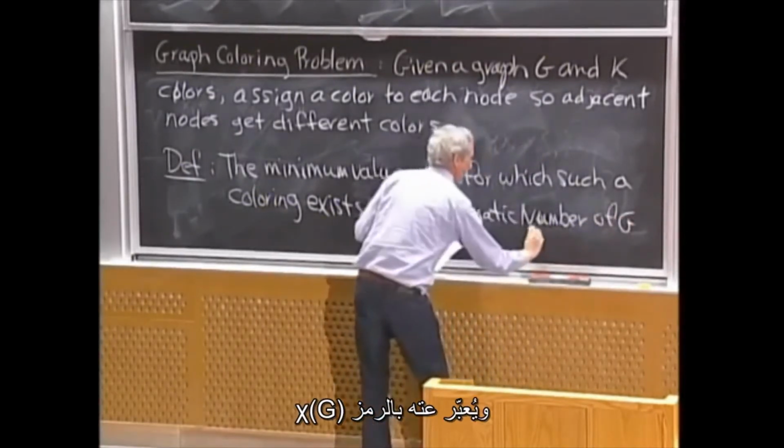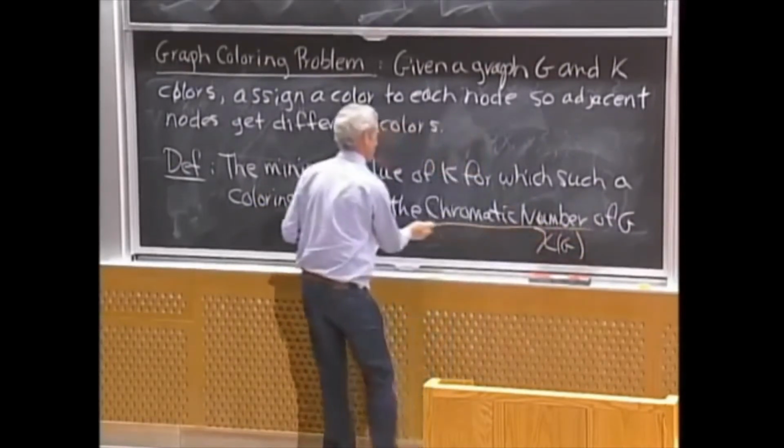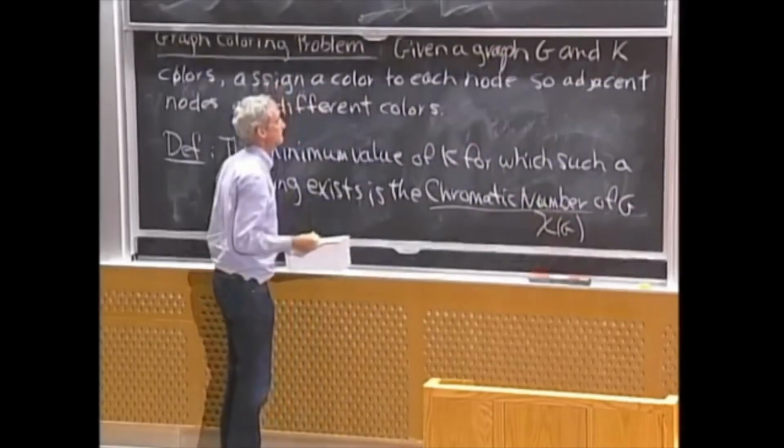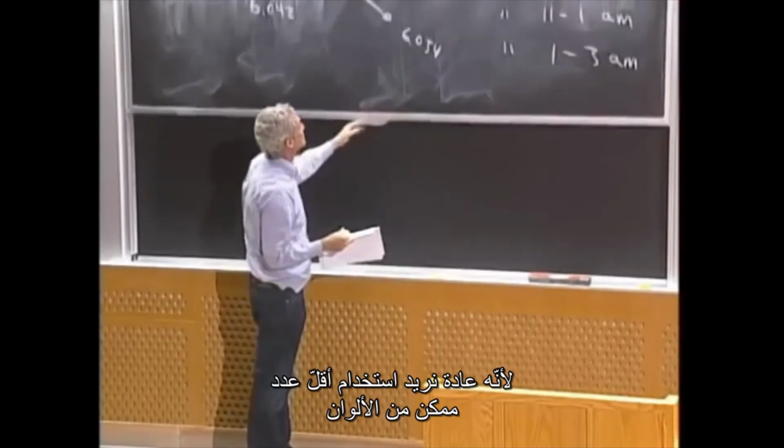And it's denoted by the symbol chi of G. All right? Because usually you want to use a small number of colors.